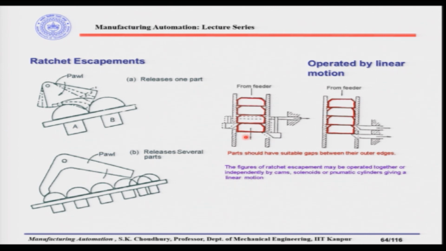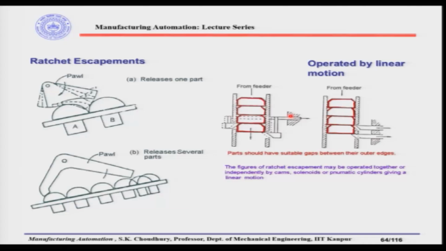When this is released and goes like this, one part will be released from here and the other parts will be held by this pawl or mechanism. So, you have to pull the handle to and fro, so that parts come from the feeder one by one.